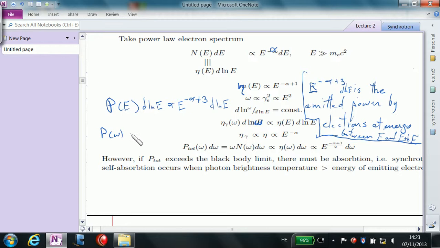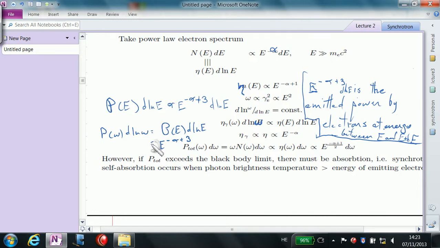So P of omega d log omega is equal to P of E d log E, and it should also be e to the minus alpha plus 3, which... no, not this one, the next one.